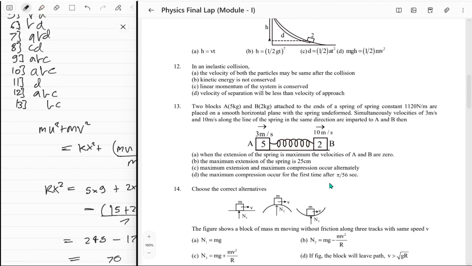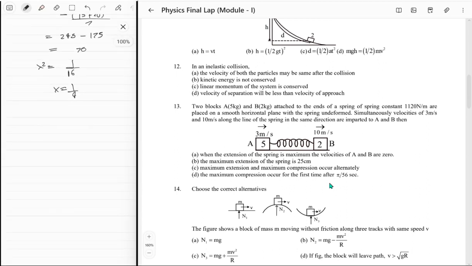I don't like this. At this point, okay, so this is 5 and then this one is 2, it's like this.